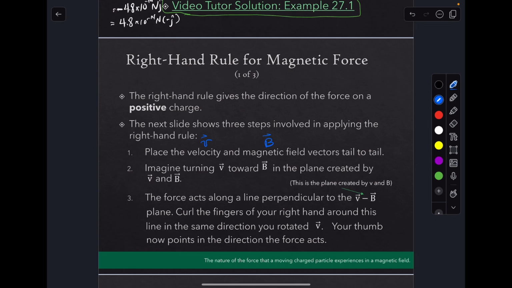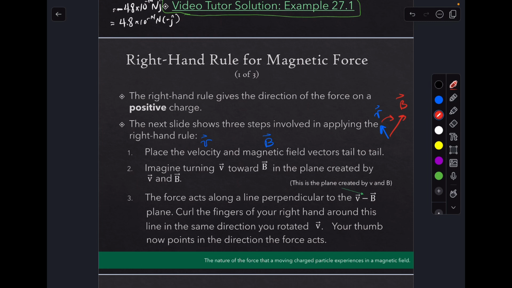For example, let's say V is this way and B is this way. Then imagine turning V towards B, keeping those two tail to tail.